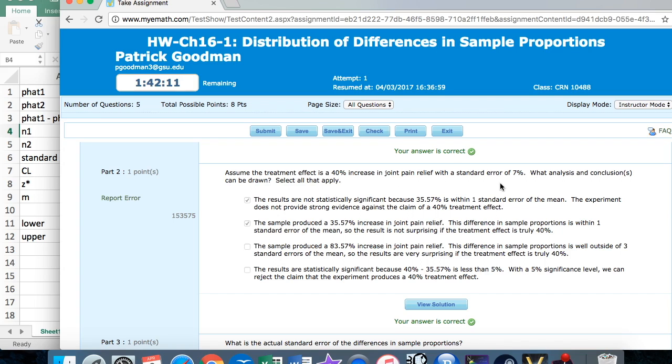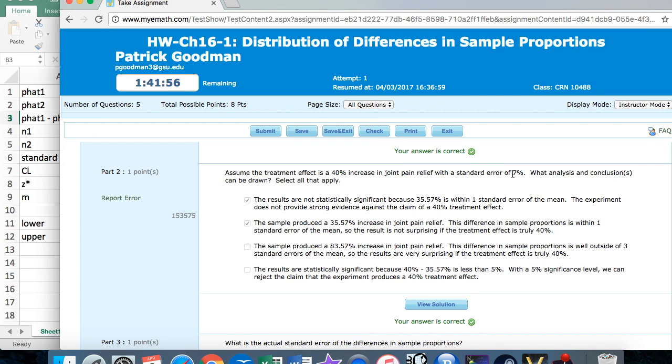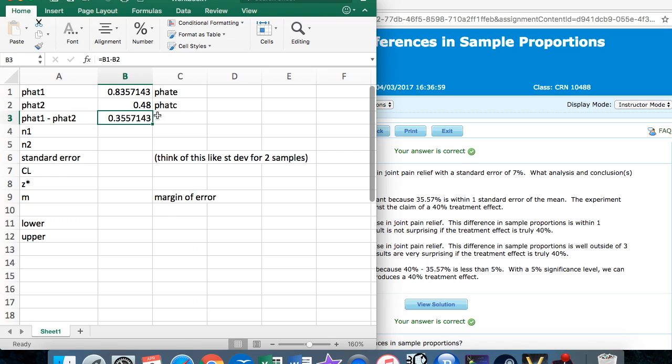All right. So what analysis and conclusions can be drawn? Well, think about this. If there's a 40% increase in pain relief, how many standard deviations is that away from our p hat 1 minus p hat 2? Well, a standard error is 7%. So that means if I subtract 7% from my 40%, I get to 33%, right?